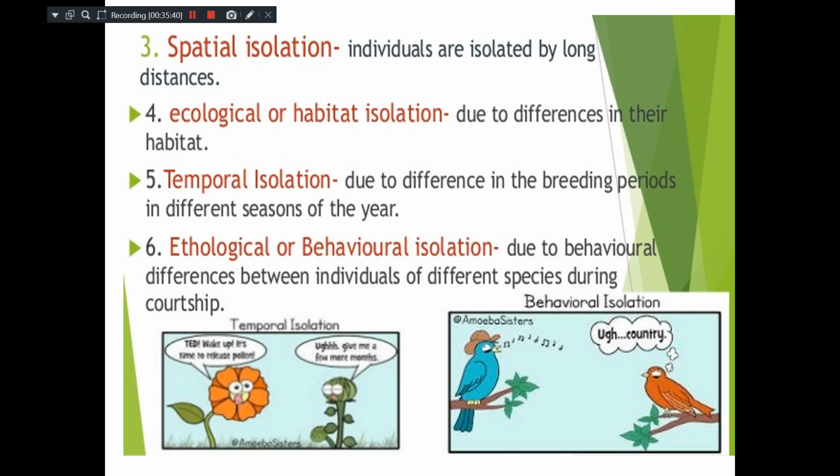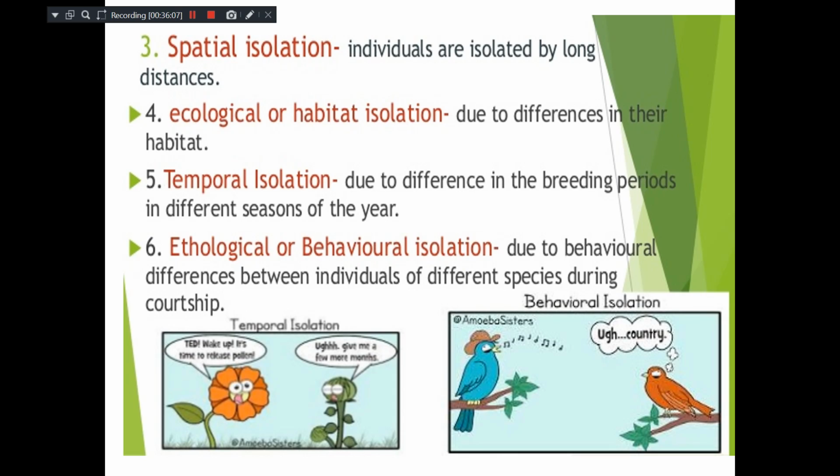Ecological or habitat isolation, like that, is due to the difference in their habitat. Or temporal isolation, due to the difference in the breeding periods in different seasons of the year. Same species, but the breeding period changes.